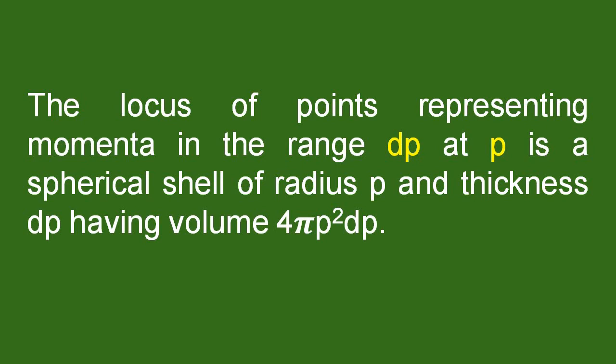So p plus dp is slightly greater than p, and with that radius p plus dp you can consider another sphere. So between these concentric spheres with radius p and p plus dp, you will be getting a small shell with the thickness dp. So the volume of that shell will be 4 pi p square dp, that is the surface of the sphere into the thickness.